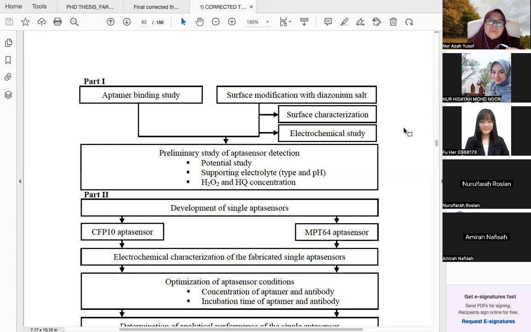So what I'm showing you right now, I think I have shown you both examples have flowcharts, right? So from flowcharts, you can easily see.